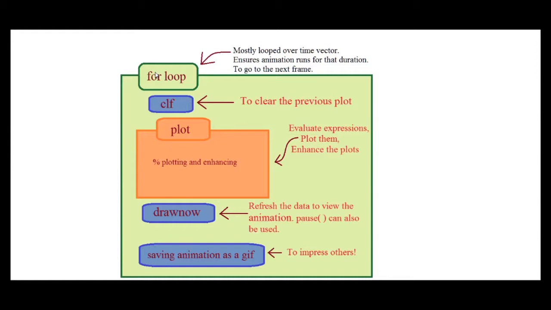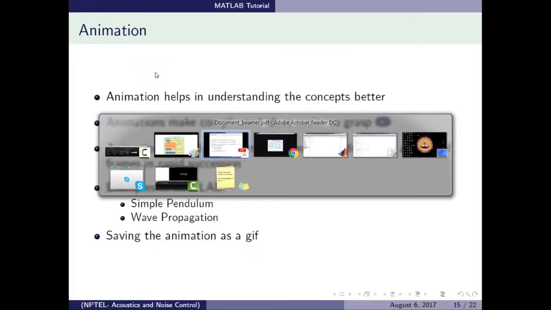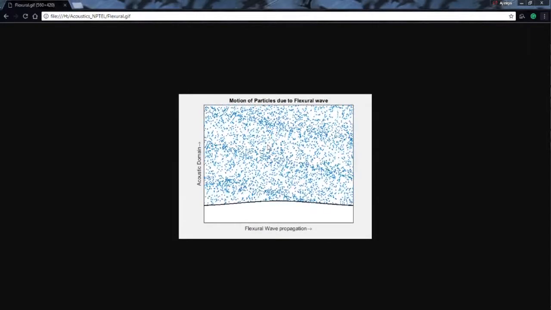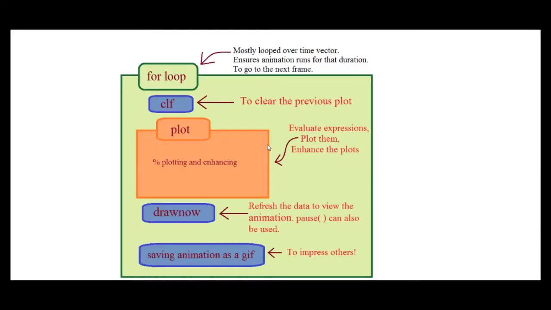For example, while animating this, the time varying quantities were the displacement of particles. Then we plot our variables of interest. If we had to use hold on, then don't forget the clear figure command, which in MATLAB is specified by clf. In animation, hold on and clf go hand in hand.